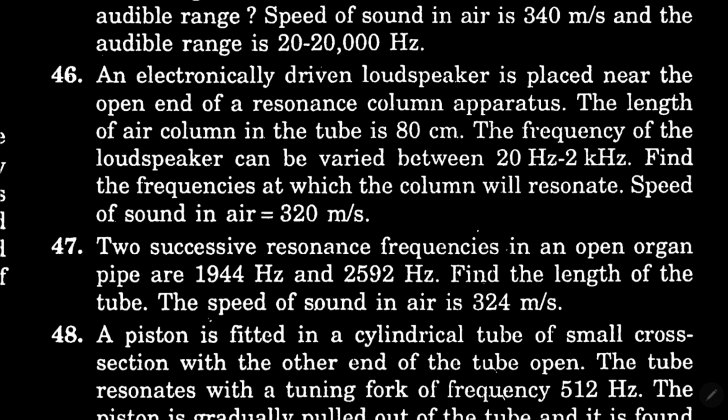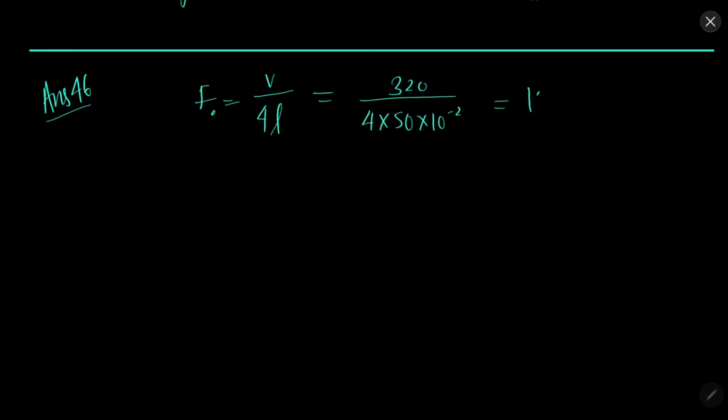In question 46, electronically driven loudspeaker is placed near open end of resonance column apparatus. Find the frequency at which the column will resonate. Solution 46. So here F0 will be V over 4L, 320 over 4 into 50 into 10 to the power minus 2, which will give us 100 hertz.